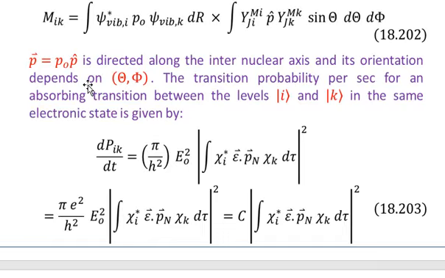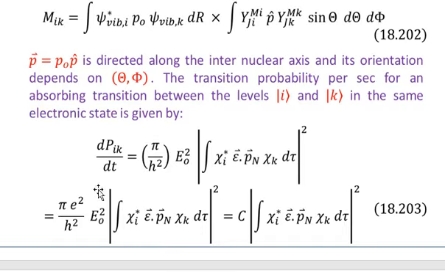So p_n is equal to p naught times p hat. I can write dP over dt, and the right-hand side is written in the same way. I have π e squared, because I have moved e squared over here, ħ² E naught squared, and then the same integral.